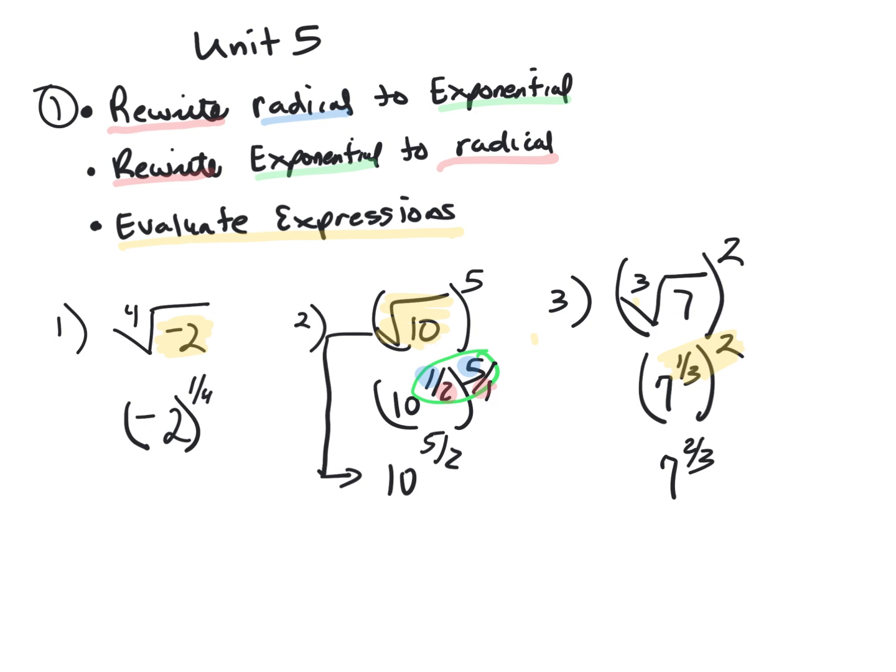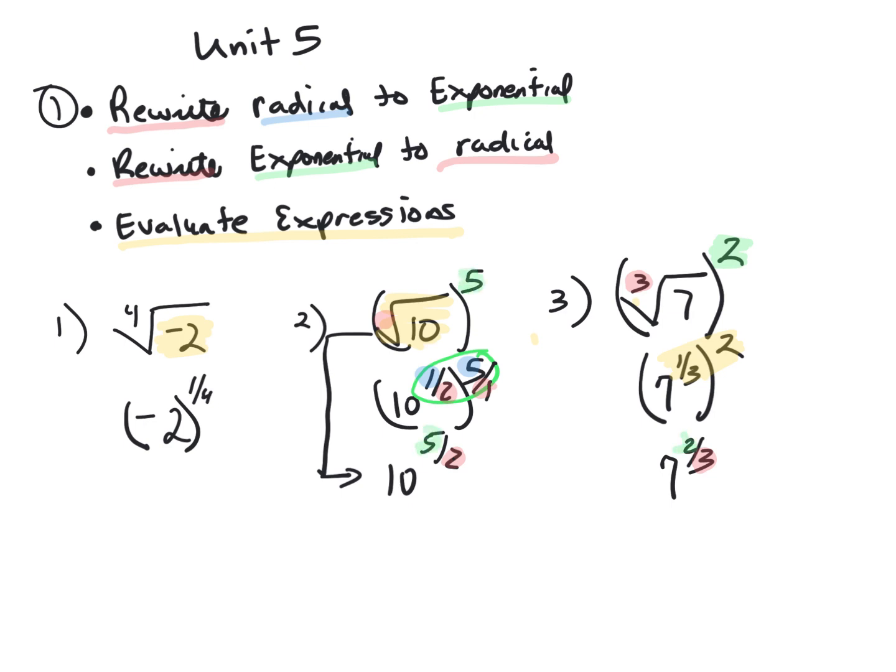And then you might notice a pattern. Did you notice that the index turns out to always be the denominator of the fraction? And notice that the exponent is the numerator.